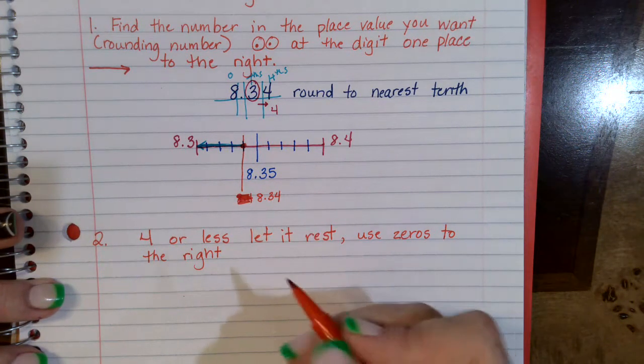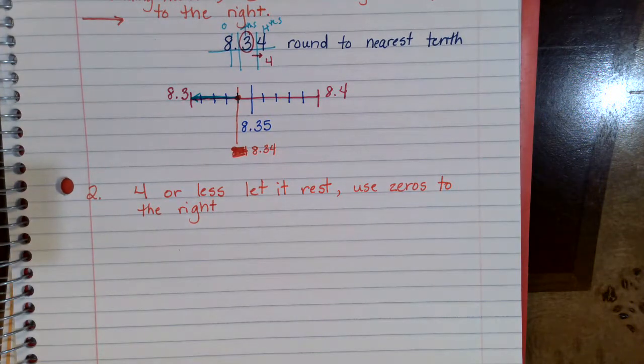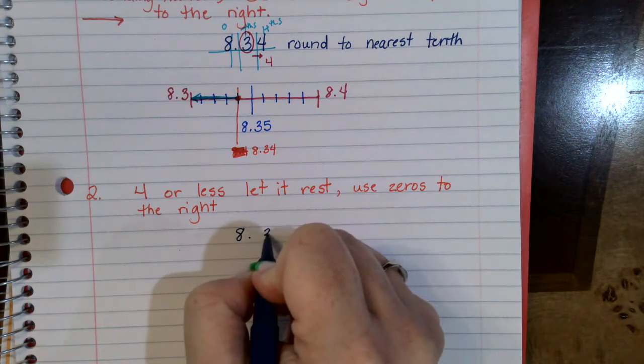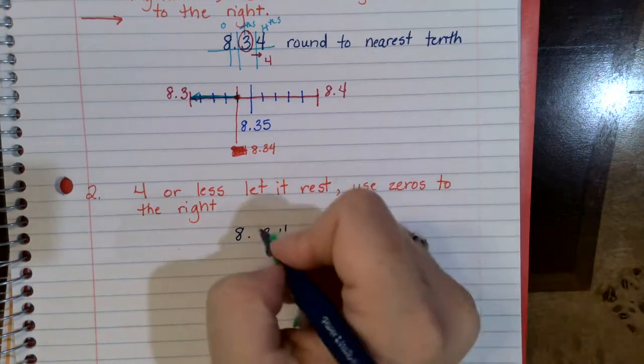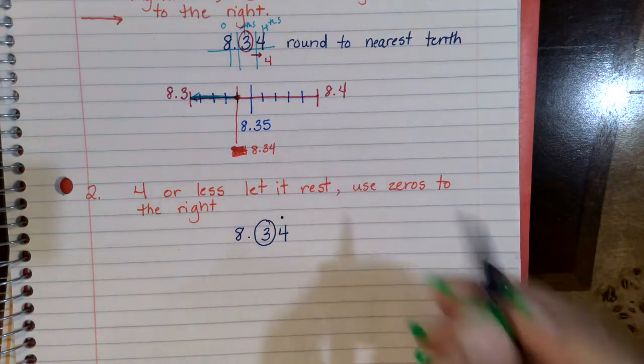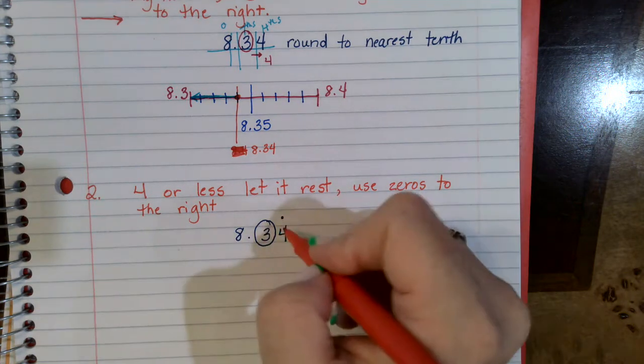So again, in the example of 8.34, the tenths is what we're rounding to. The hundredths is what we have to look at.